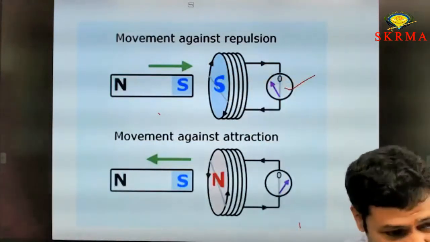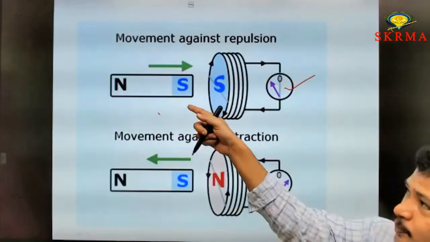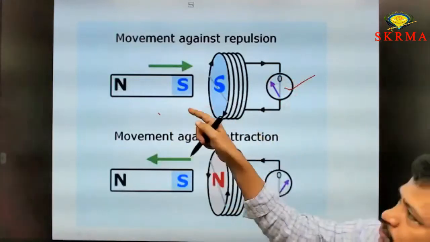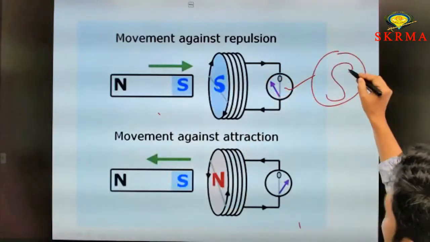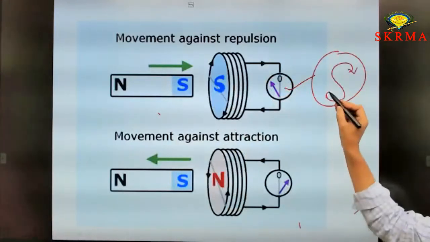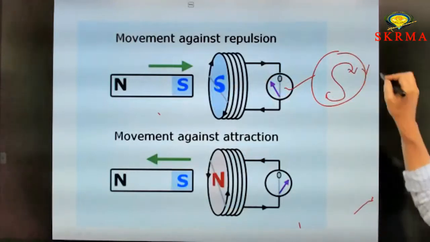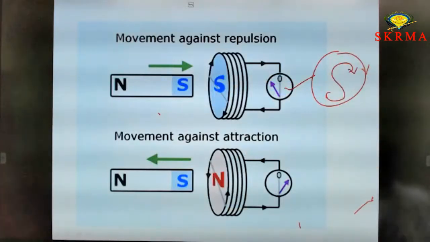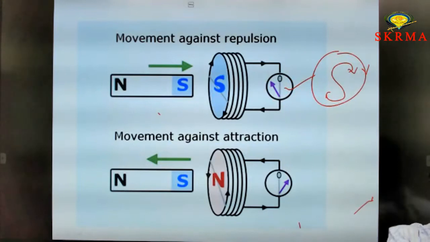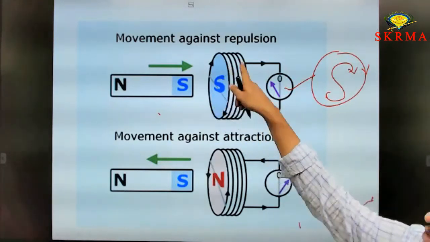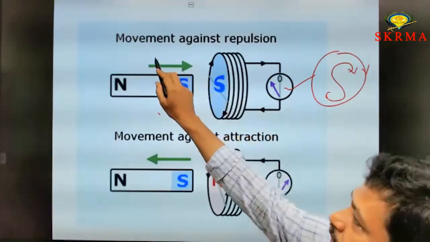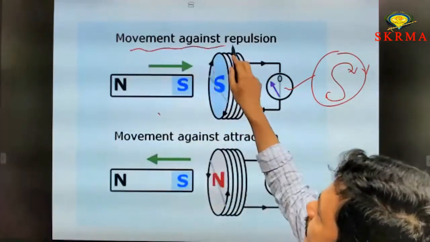EMF induction is Faraday law, and based upon the opposing property we represent it here. For a south pole, if you put arrow marks here, the direction is clockwise. Based upon induced EMF and Lenz's law, we can deduce the direction of current in the coil. That is very important here. The current is in the clockwise direction, meaning the movement is against the repulsion.